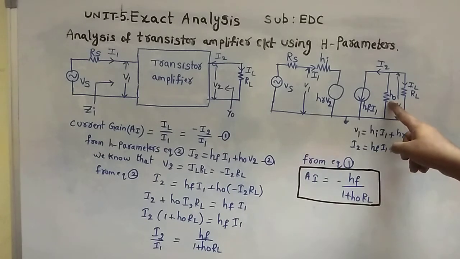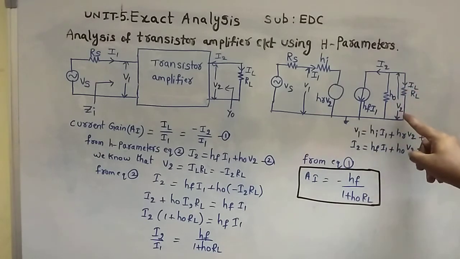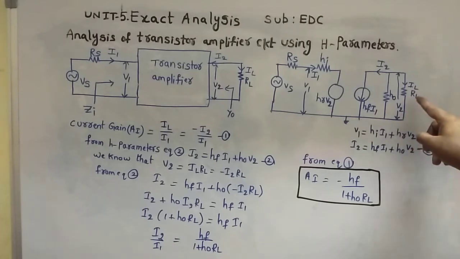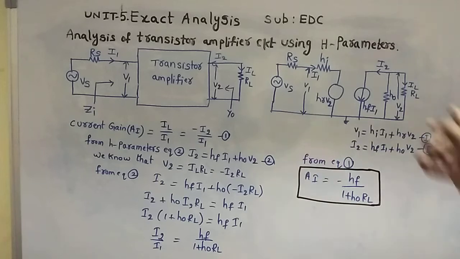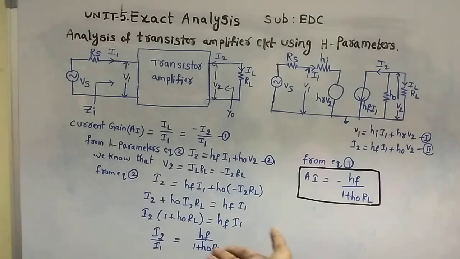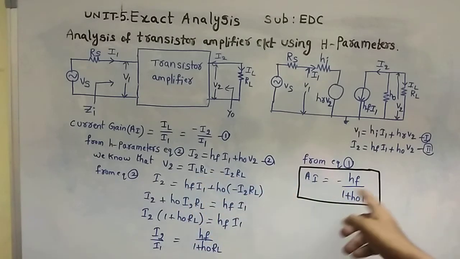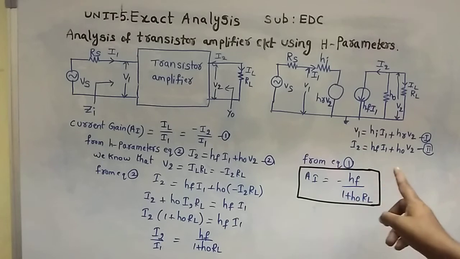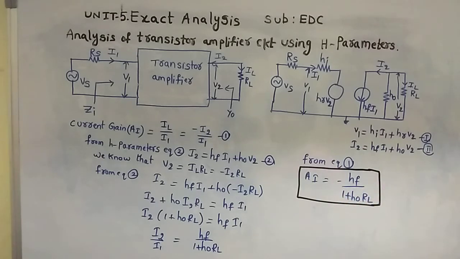In place of HO you can take HOE, and in place of V2 you can take VCE, RL and IL as they are. This is the H parameter model for CE configuration. From that you can write the formulas and substitute in the current gain equation to find AI. You may get minus HFE by 1 plus HOE into RL.